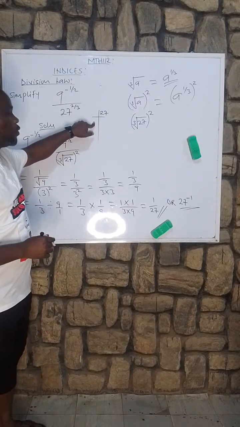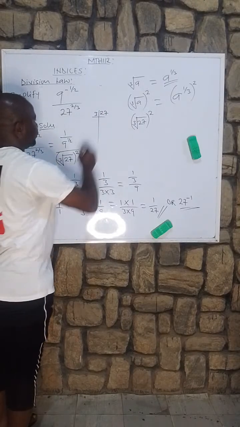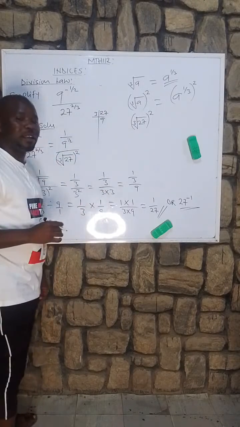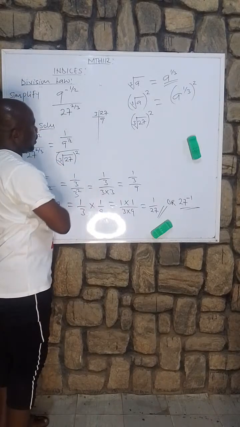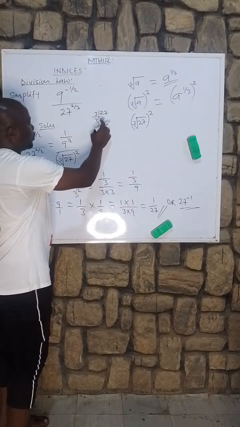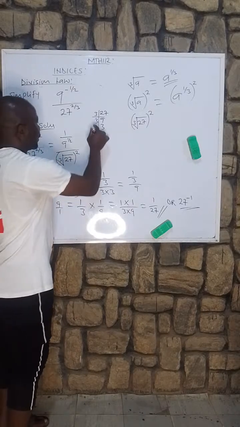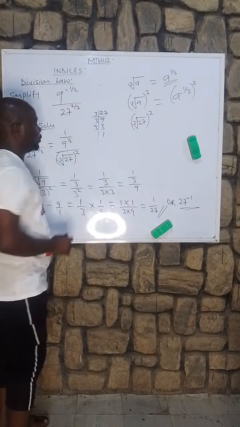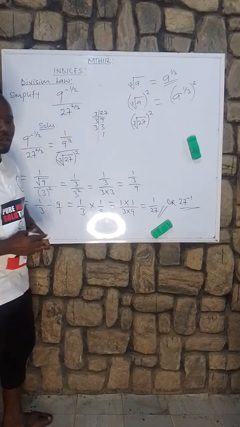So let's move to 3. 3 to 27, 9. Okay. Now, we can still continue with 3. 3 to 9, 3. We can still continue with 3, right? 3 to 3, 1. You can now see that 3 into how many places? Look at the board very well.